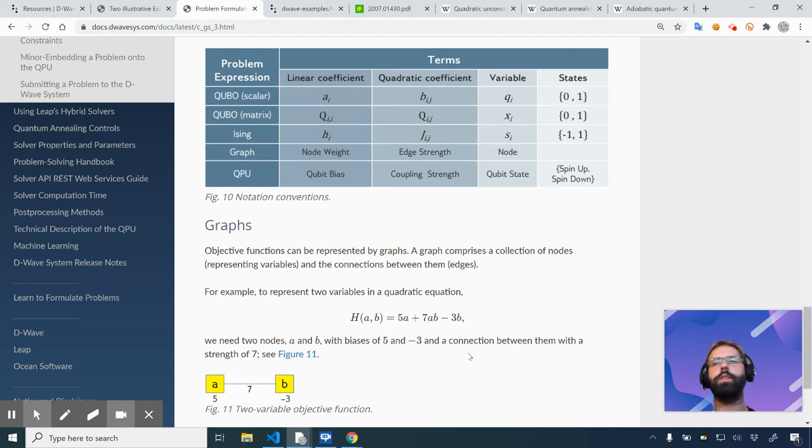The whole underlying thing that makes it work is that if you start with an initial superposition and you introduce the Hamiltonian step by step, and you do this slowly enough, in theory the system should stay at the lowest energy level.